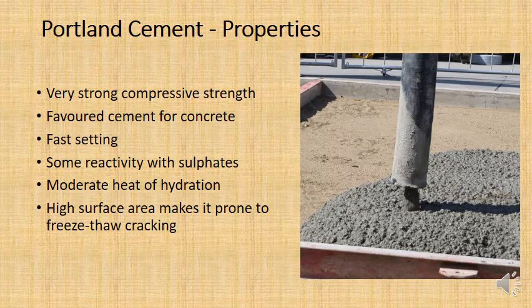So once you have the Portland cement, you have a cement which has some very good properties. The great thing about Portland cement is it's really strong, and it's strong in compression when it's being pushed together. That's why concrete, when it's made with Portland cement, makes a great foundation for houses.